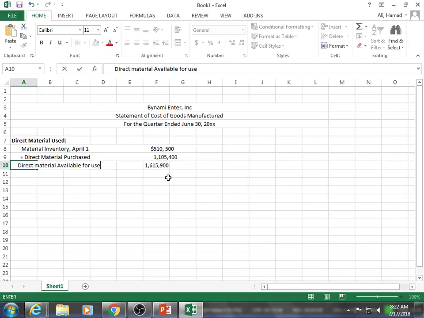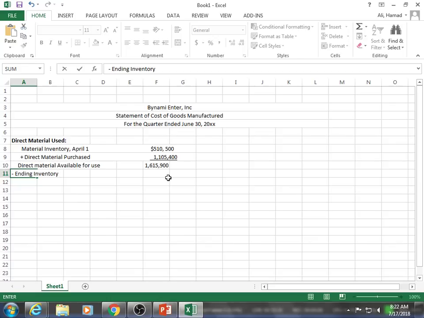All right. Now, beneath that, we're going to deduct. We're going to say less ending inventory, direct material, or we're going to put the minus sign, ending inventory.